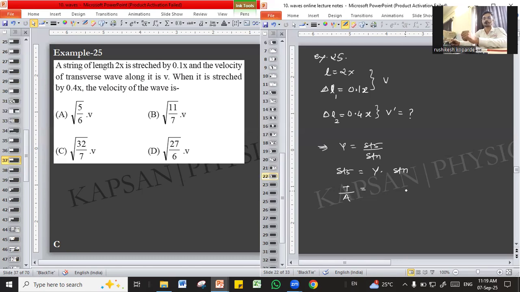That will be equal to Y into strain, and strain is equal to what? Change in length upon original length. Fine. So we have the tension now, that is area into Young's modulus into change in length upon original length. So from this equation 1, you can write the speed of the transverse wave is equal to under root T by mu. Now you can solve it.